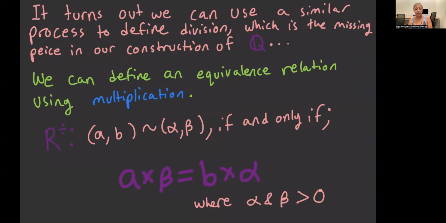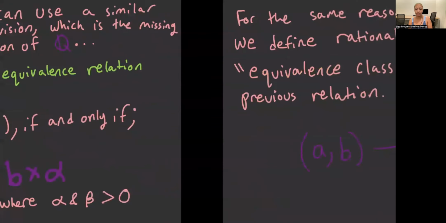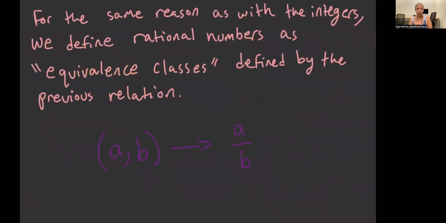This is going to give us our notion of division, because it gives us equivalence classes that we can call A over B, and everything in this equivalence class belongs to that particular rational number.